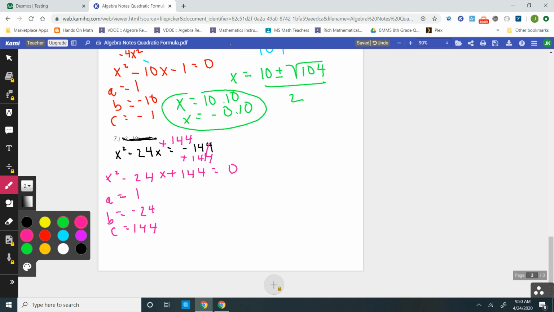And then you should find your discriminant next. So it's b squared minus 4ac. Your b here is negative 24, so just make sure you put it in parentheses: negative 24 squared minus 4 times your a, which is 1, and then times the 144.